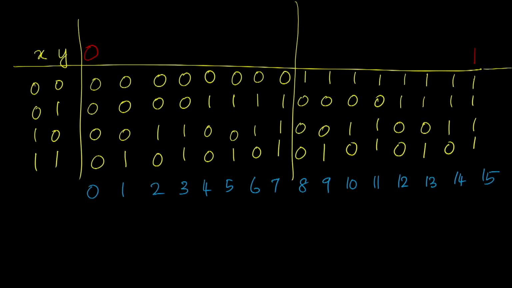Now, consider the first column. In the first column, the output is 1 precisely when both the inputs are 1. If either x is 0 or y is 0, then the output is 0. The output is 1 precisely when x and y are 1. So this is called the AND function, which we denote in this manner.